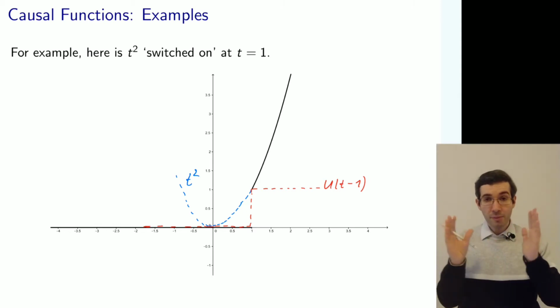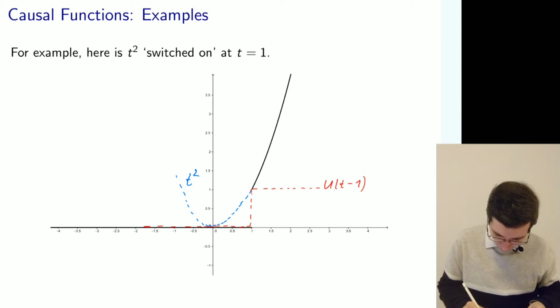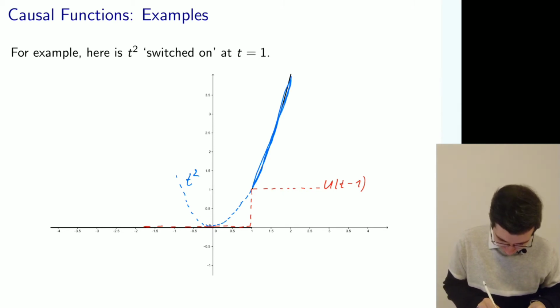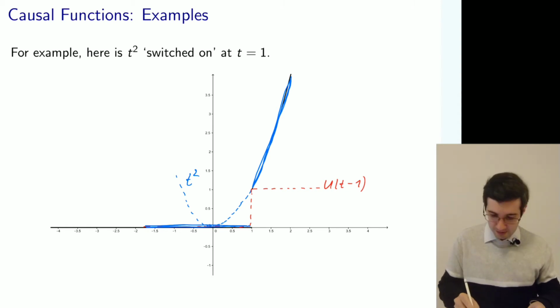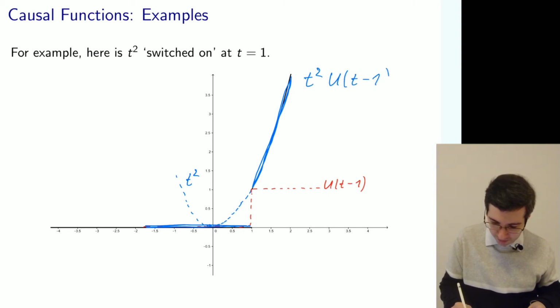And if we multiply these two functions, we will get the exact shape you see here, which does not exist before that point. So that is t squared times the unit step function shifted by 1 to the right.